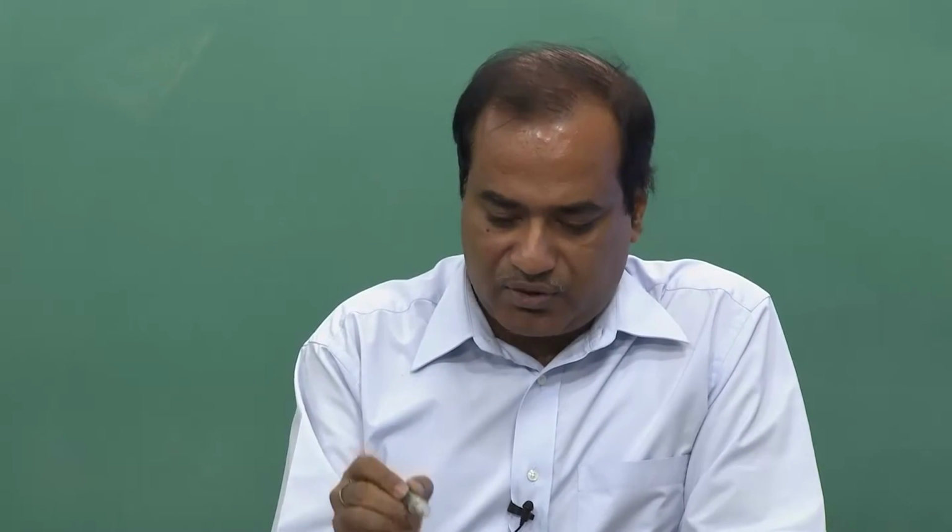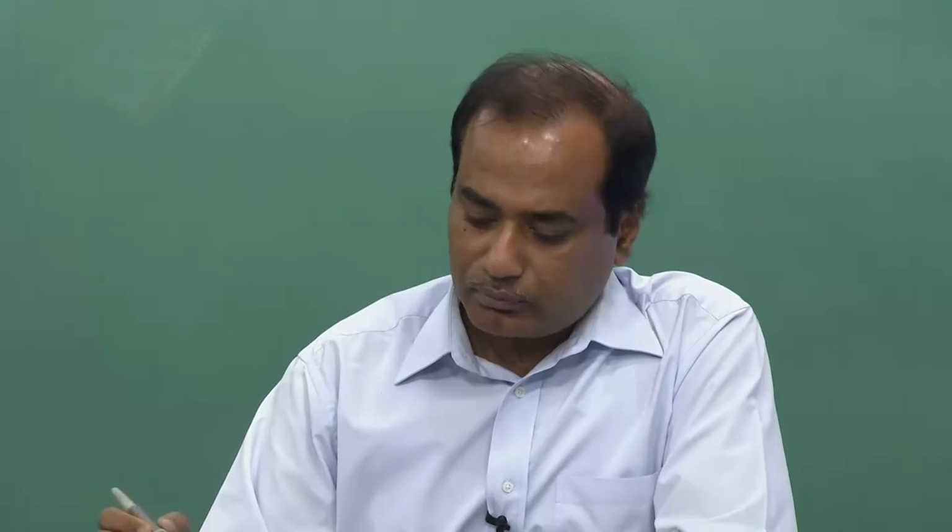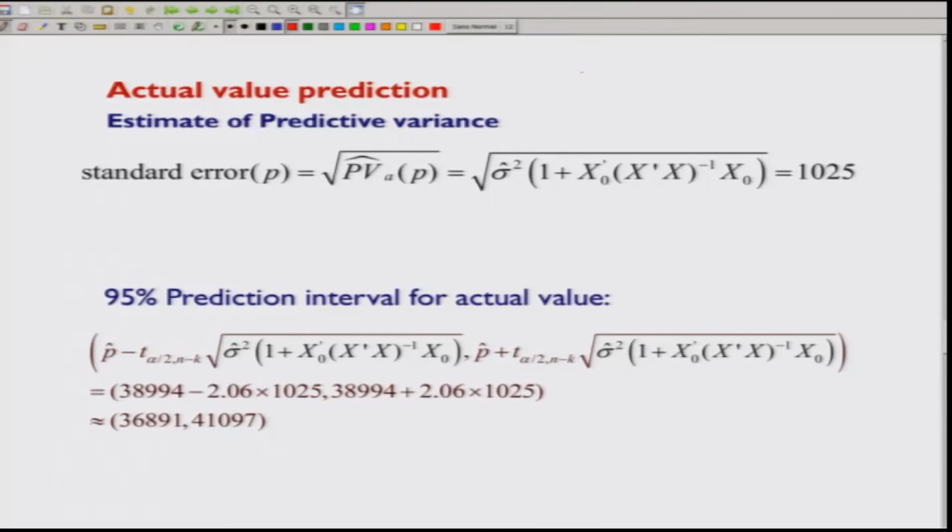Okay. Now we come to the aspect of actual value. So, you may recall that we had used the same predictor y equal to x beta hat for predicting the average value as well as the actual value. So when x1 naught is given as 36 and x2 naught is given as 36, again the predicted value will turn out to be the same, 38994, as in the case of average value prediction.